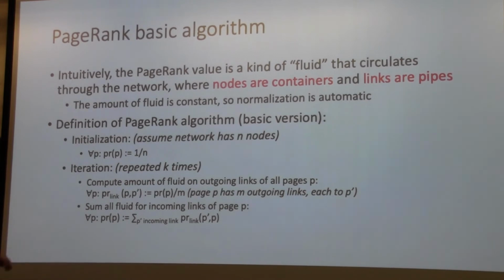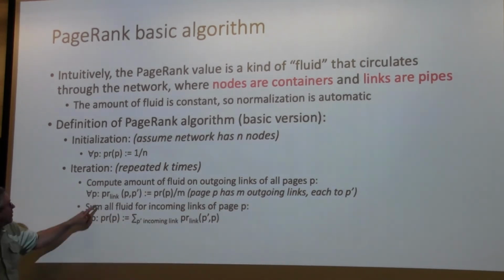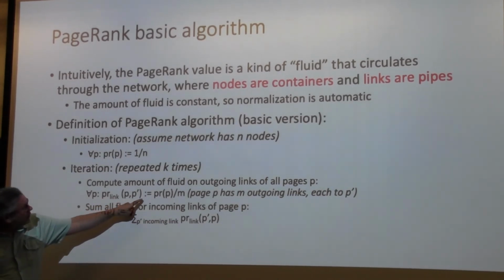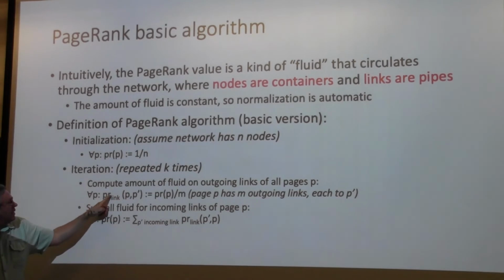And in each iteration, you spread the fluid over all outgoing links, divided evenly. A page has m outgoing links, so the fluid on the page, divided by the outgoing links, goes onto the link.